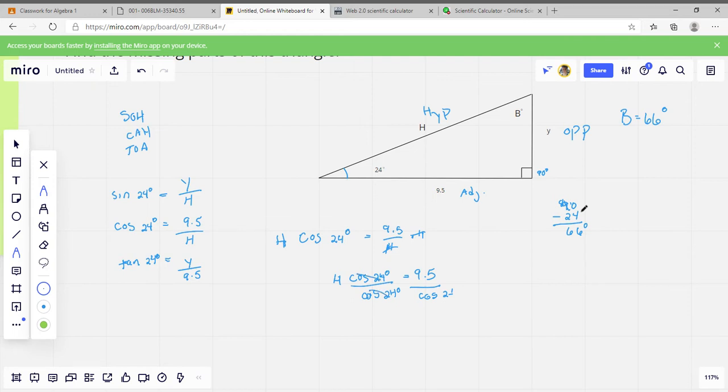So that means these are going to cancel. So h is going to equal 9.5 divided by the cosine of 24 degrees.